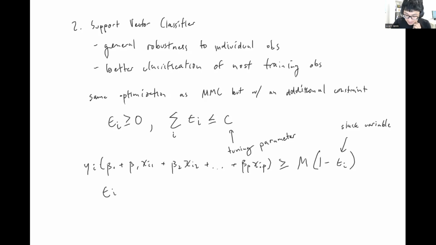Epsilon I basically is how many points are allowed to violate the margin.